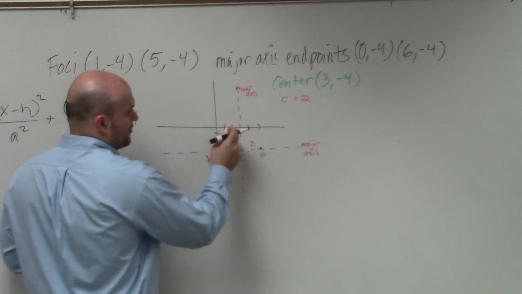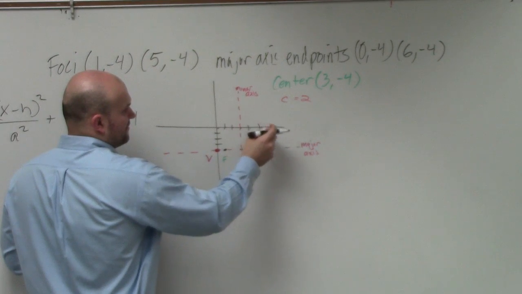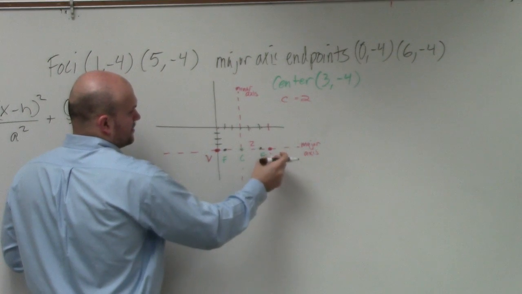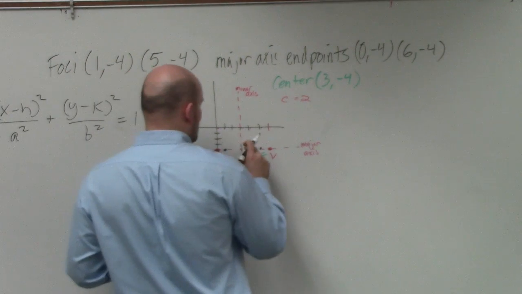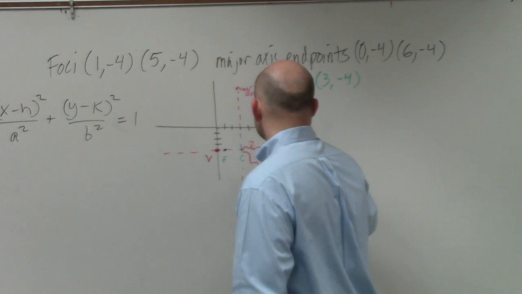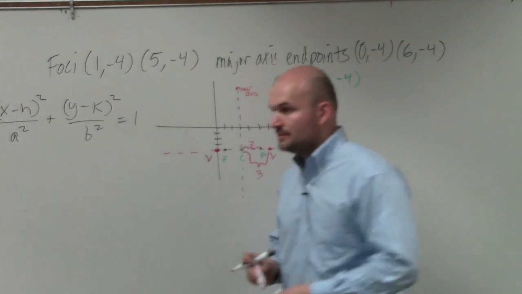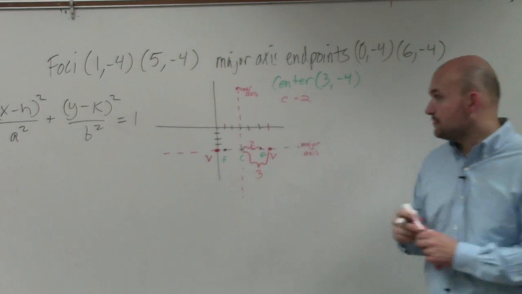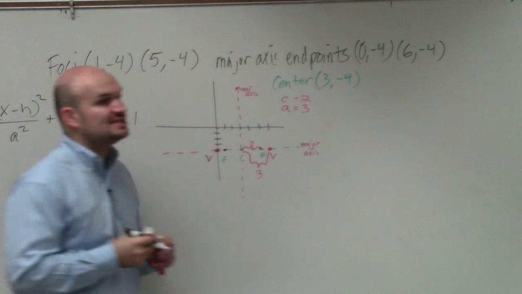And then (6, -4). 1, 2, 3, 4, 5, 6. OK? So we know the distance from the center to the foci is 2, and the distance from the center to the vertex is going to be 3. So a is equal to 3.